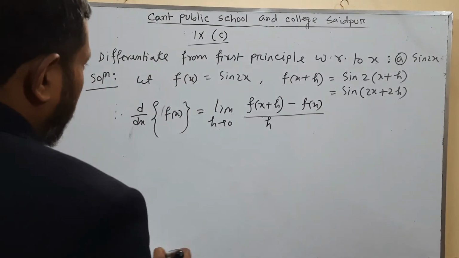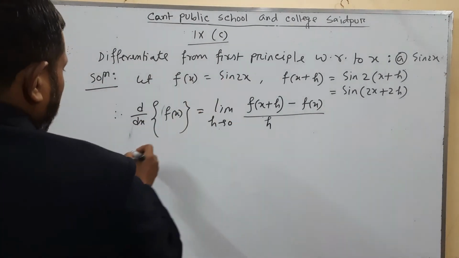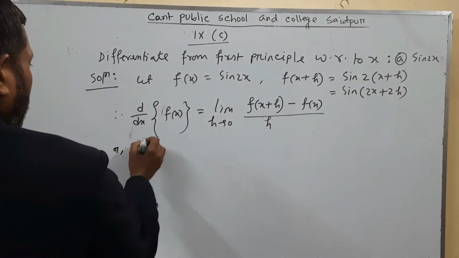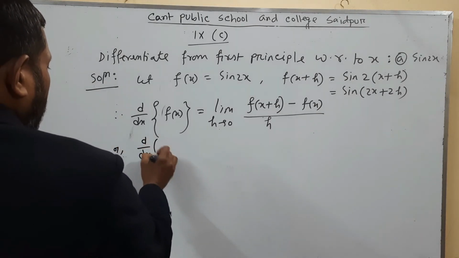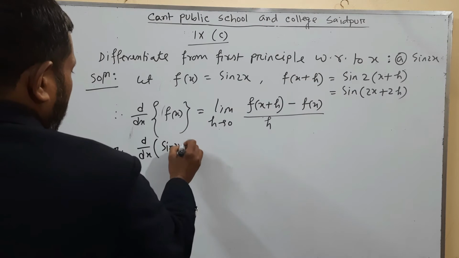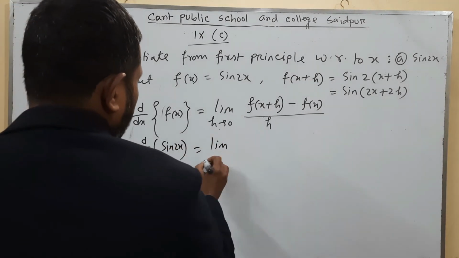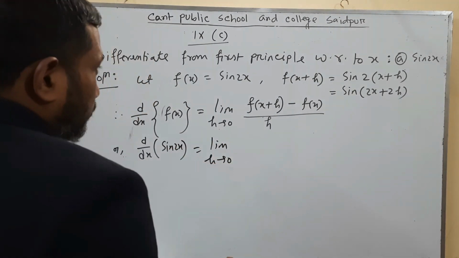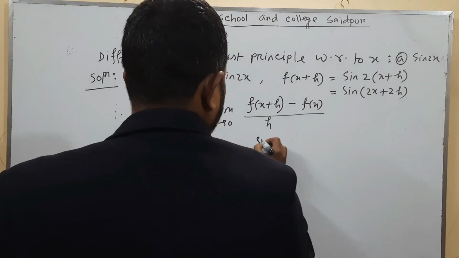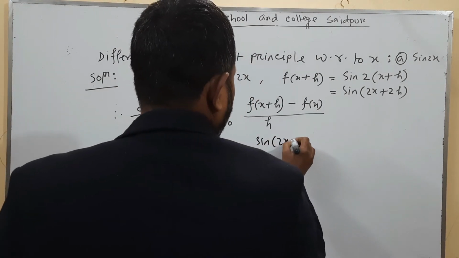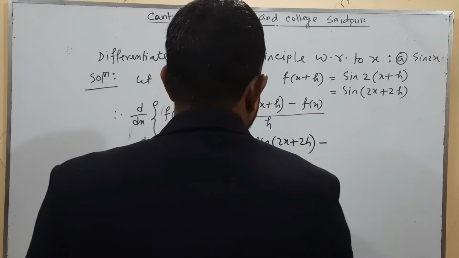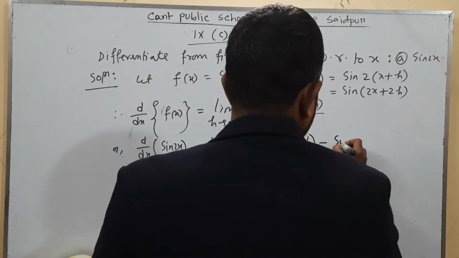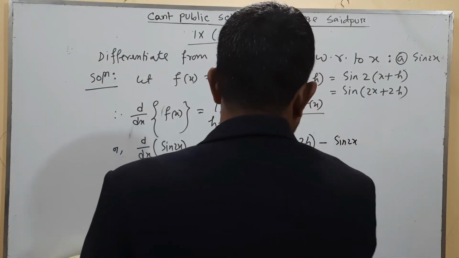We know f of x is equal to sine 2x, so d by dx sine 2x is equal to limit h tends to 0, sine 2x plus 2h minus sine 2x by h.